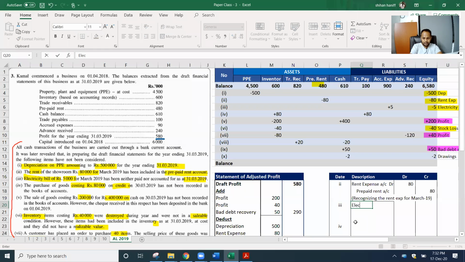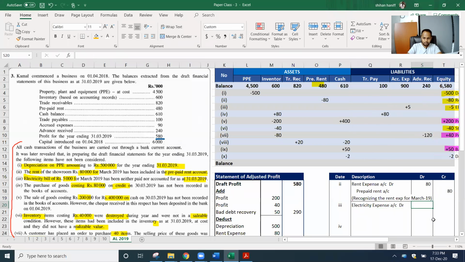So double entry, electricity expense account debit 5,000, and it will be credited to electricity payable, it's liability.